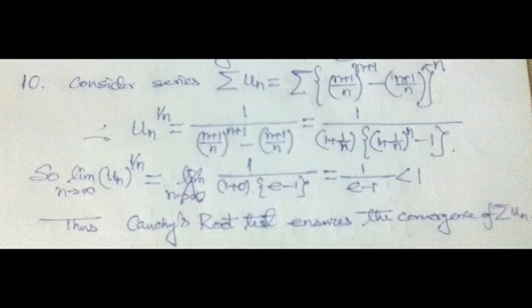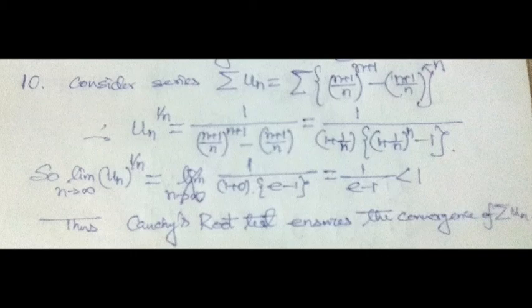Then taking the limit as n tends to infinity of u_n to the power 1 by n will be 1 by (1 plus 0) times (e minus 1), because the limit of 1 plus 1 by n will be 1 plus 0, that is 1, and the limit as n tends to infinity of (1 plus 1 by n)^n is e, that is the standard limit.